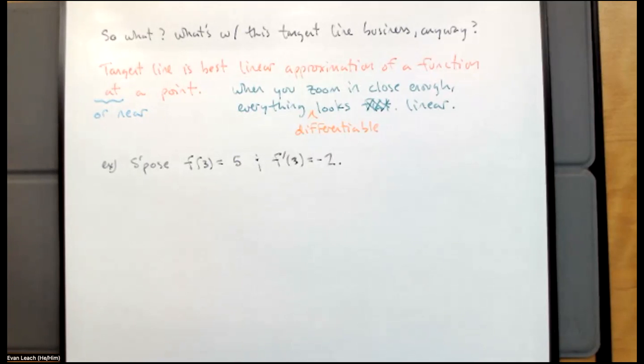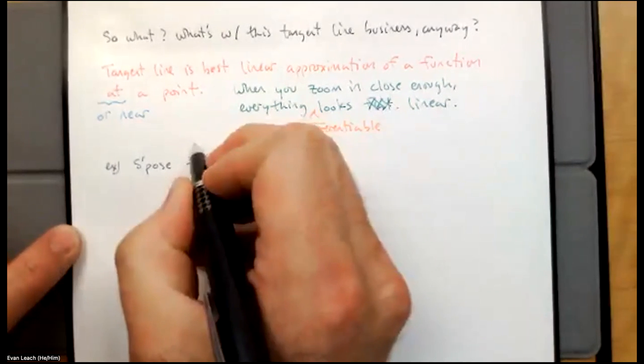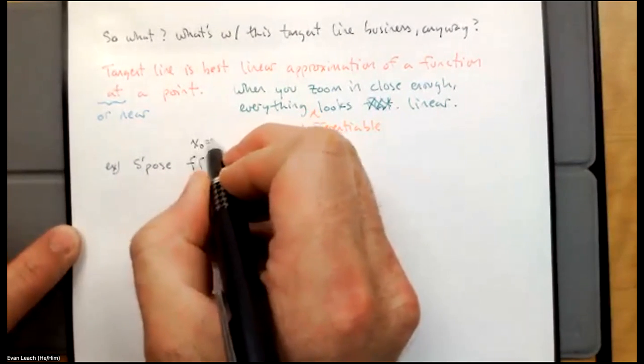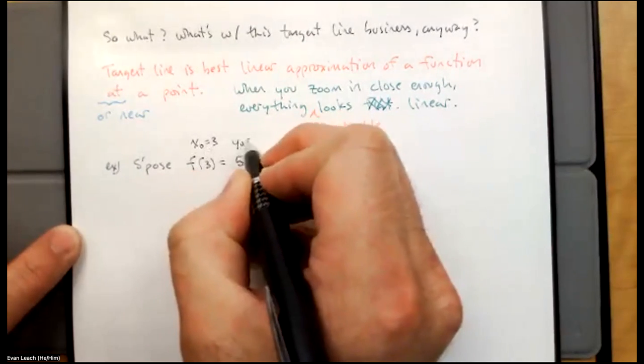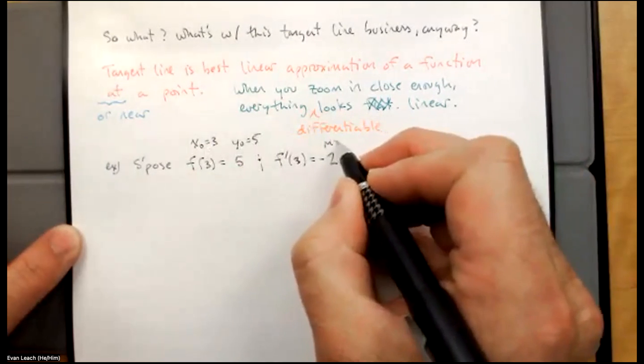With this information, we can build a tangent line. So x naught is 3. That's the information I've given. And y naught is equal to 5. And our slope is going to be -2.